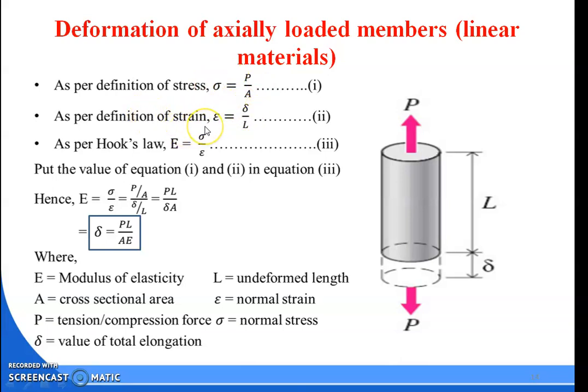As per the definition, strain equals change in length divided by original dimension. The change in length of this body is delta, and the original length is L. Due to the loading, only the length is affected, so we only consider the length part. According to Hooke's law, capital E equals sigma by epsilon, that means stress by strain.